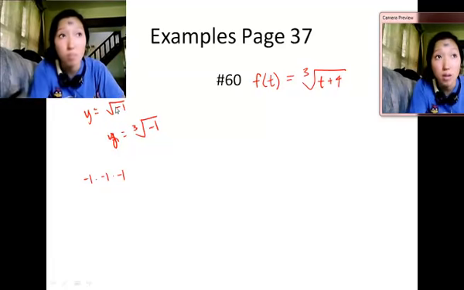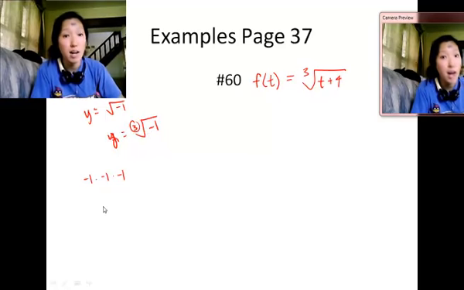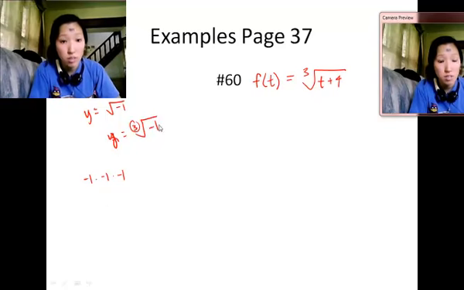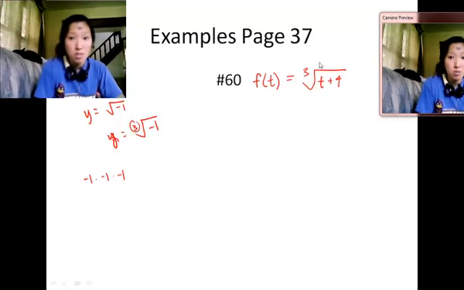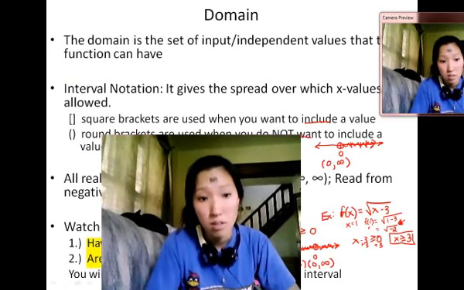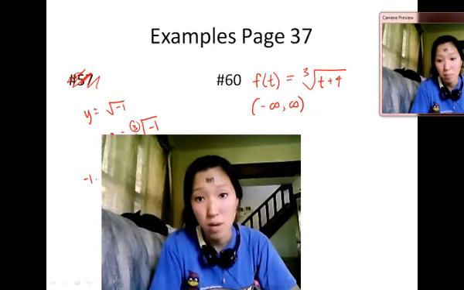You could try -1 times -1, but that gets us just positive. So because of that even nature of the exponent, it's okay when you have odd number radicals or odd roots to have negatives. So in this case, this is actually going to be all real numbers. You do not have a problem. The things to watch out for didn't exist in this problem.